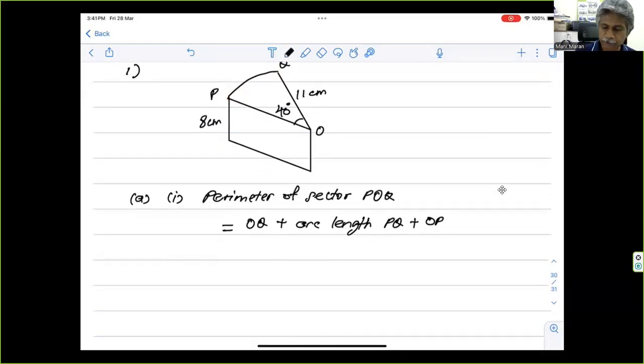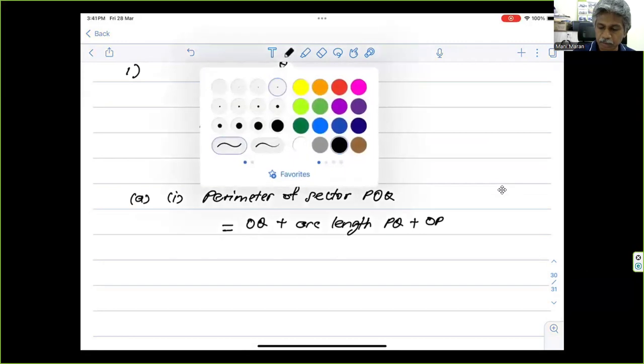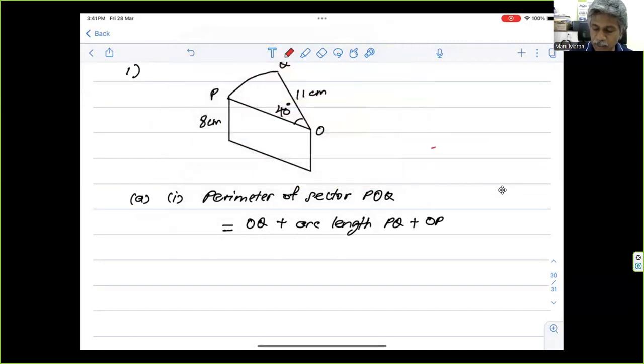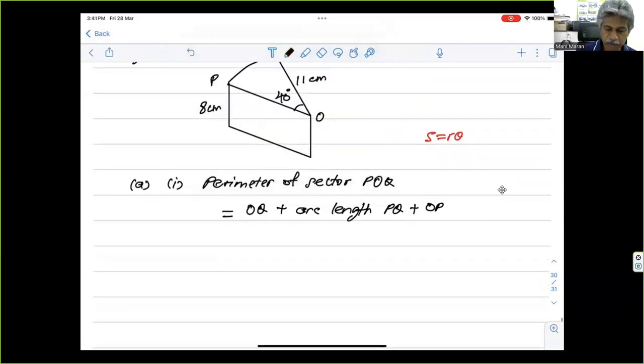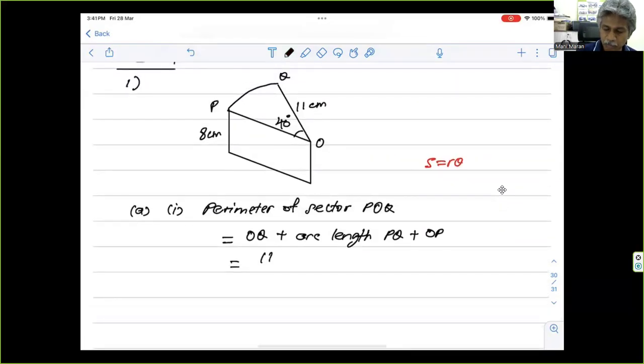So in order to find the perimeter, for arc length, remember we were using the formula s equals r theta. This is what we learned in this chapter. So this is equal to OQ, which is 11 cm, plus arc length. Arc length is r theta, r is 11, theta is 40 degrees. Convert this to radians: 3.142 divided by 180 times 40, plus 11.